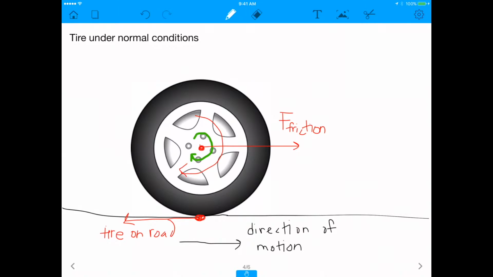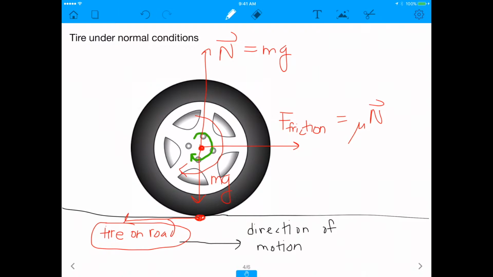And obviously, because the tire is steady on the ground, there's a normal force on the tire that the road is exerting because the tire has its own mass that's going down, mg, right? So the normal force in this one is equal to mg. But the point is, the frictional force in this case is equal to our coefficient of friction times the normal force, right? And in this case, the frictional force is going to be equal and opposite to the force that the tire exerts on the road.